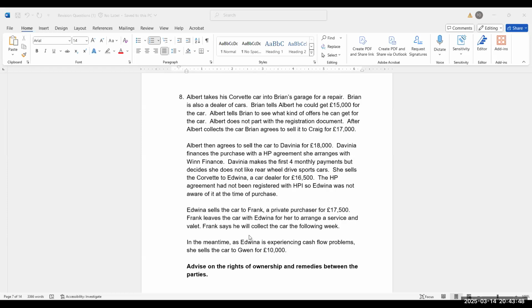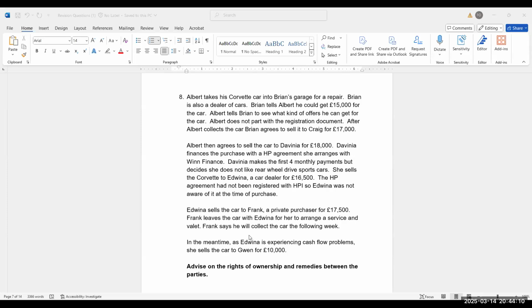So we looked in the first part of the question, we applied the SGA, but now we're looking at the CRA because it seems like Craig is trying to buy as a consumer. So the CRA will apply, and we can see that Brian had no right to sell the car.